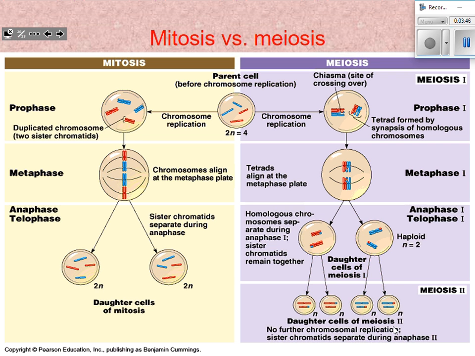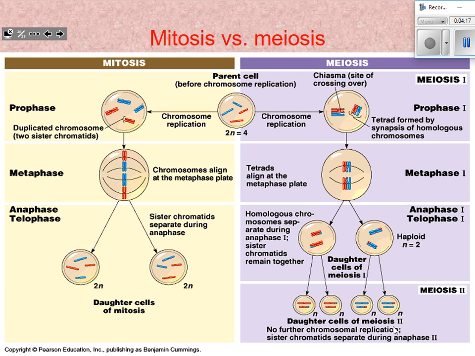Anything else, Jonathan? In meiosis, we have some stuff happening like crossing over. And we know crossing over occurs during what phase? Prophase 1.